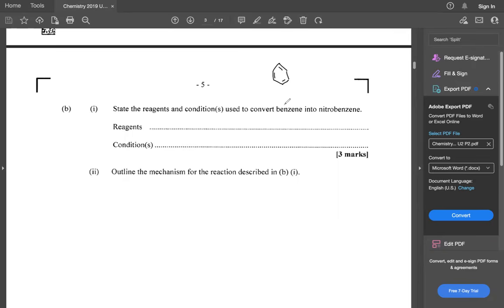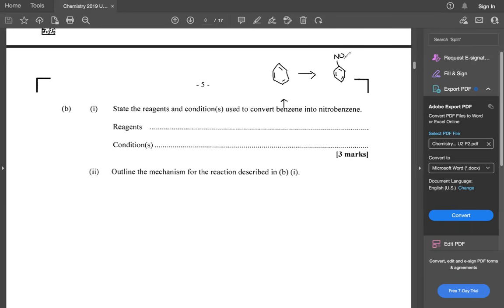So that's my benzene. And what we want to do is convert this into nitrobenzene. So there'll be a nitro group attached on it when all is said and done. That's our goal, right? So here's my nitrobenzene. So there's a nitro group on top now, right?